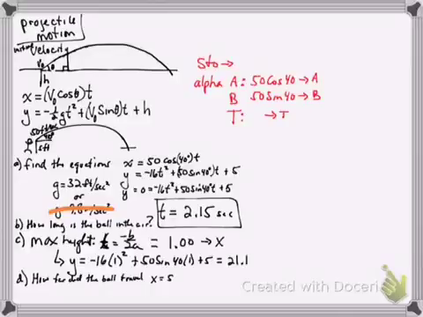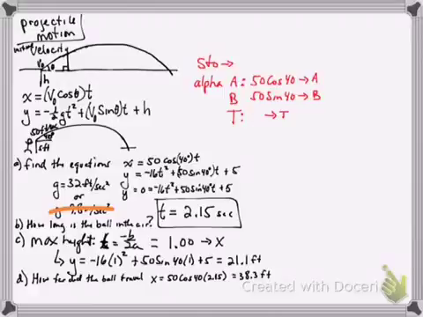So we just have the 50 cosine 40, and then we plug in the time that it spent in the air, so 2.15-ish, and we get 38.3 feet. And then, oh, I forgot to put feet up here too.